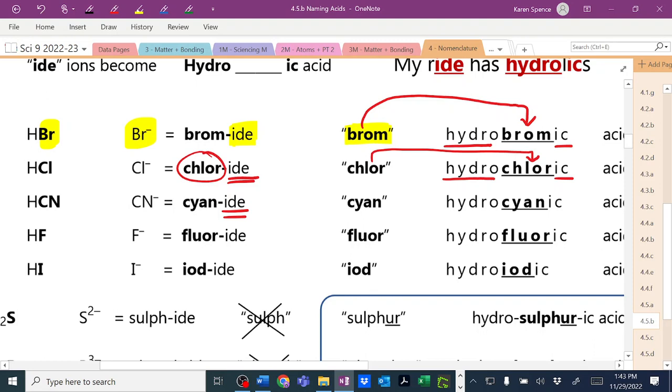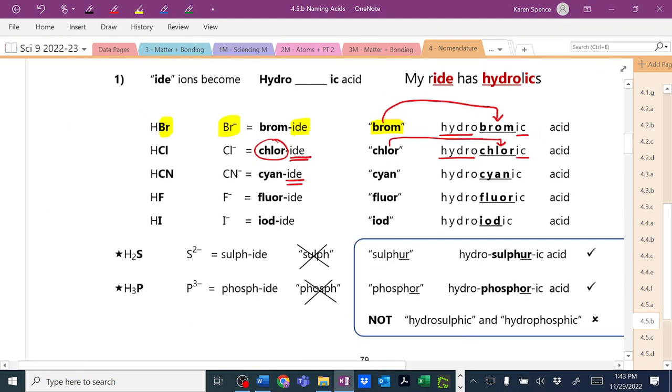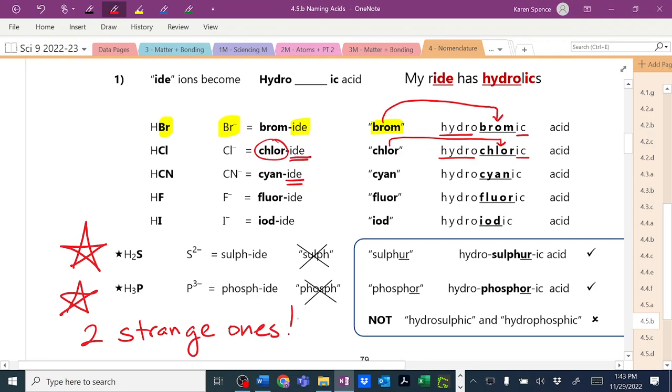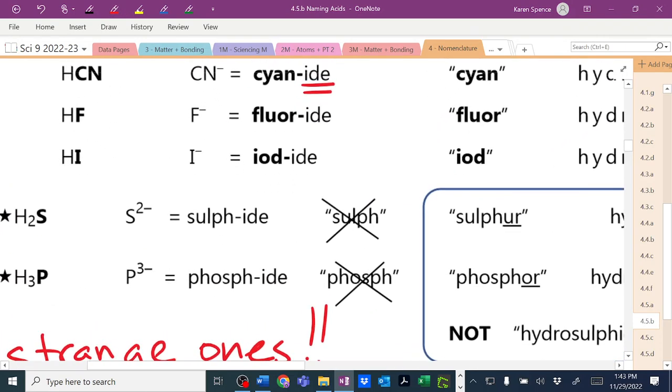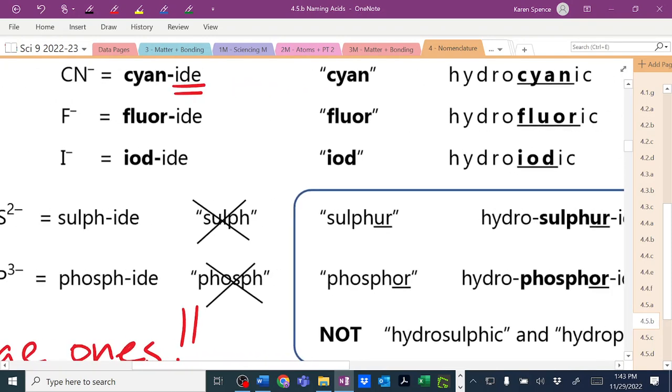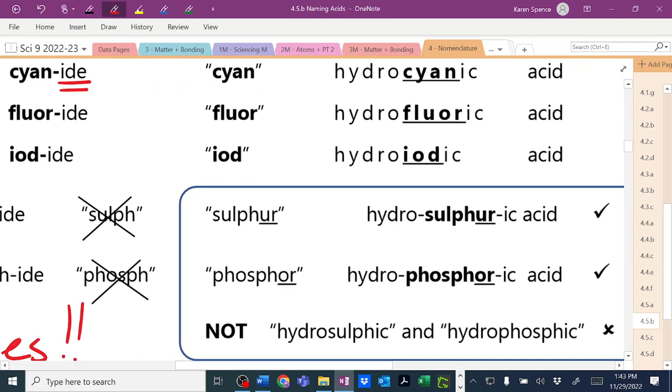There's two acids that are strange in their naming. Two strange ones. Sulfide, but we don't just name the acid hydrosulfic acid. It is always going to be sulfuric acid.